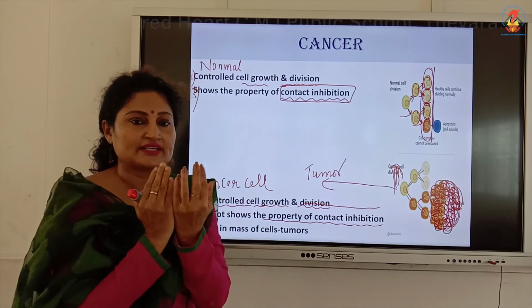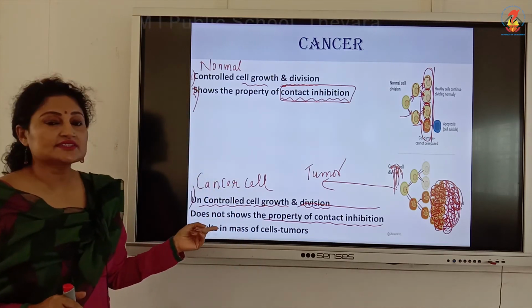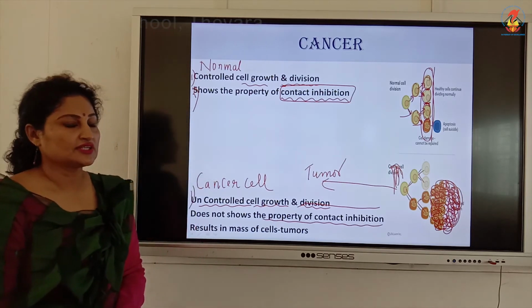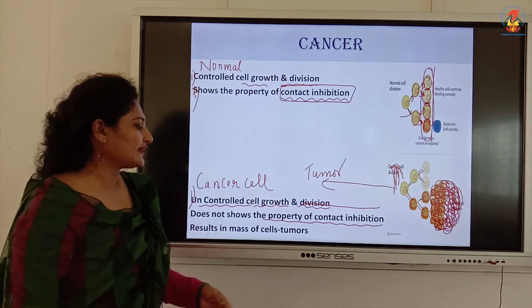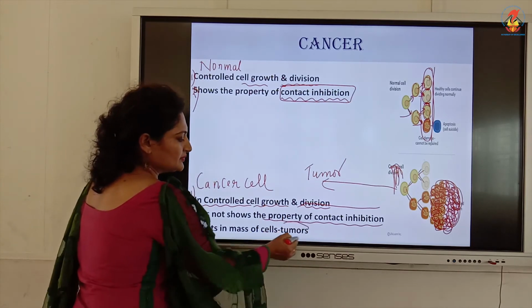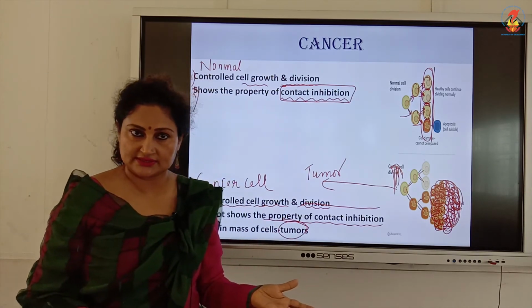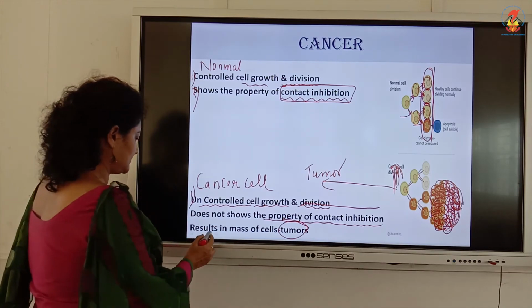By virtue of contact, the cell stops dividing, whereas cancer cells have lost the property of contact inhibition, such that they divide and redivide and form a mass of cells, and this mass of cells is called a tumor. Now, here we are bifurcating. There are 2 types of tumors. So, the next slide will be the types of tumors.